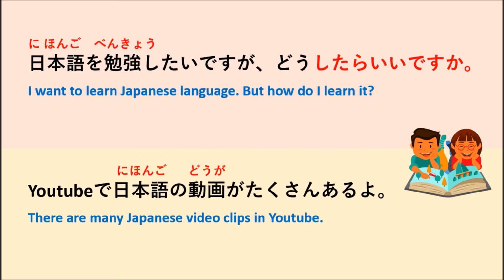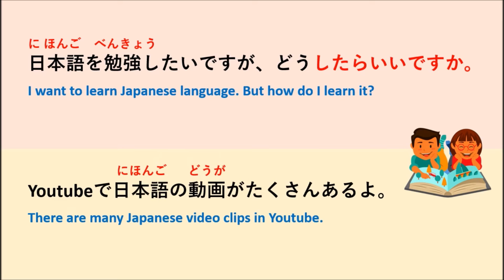For example, if you know a website that is good for learning Japanese, you can say: このサイトで日本語を勉強できますよ。This means you can learn Japanese from this site. In Japanese they don't say website, they just say サイト.